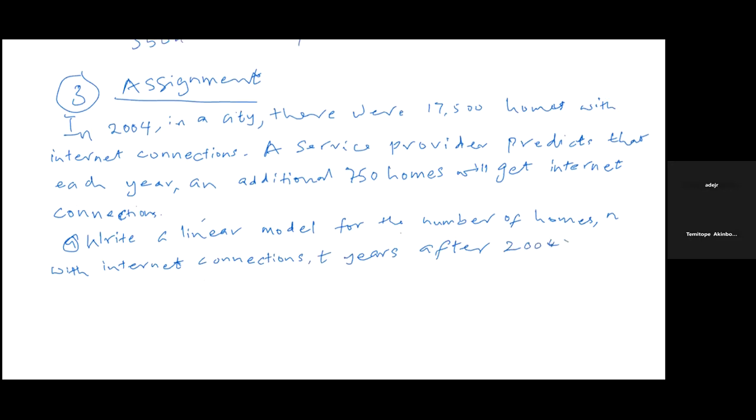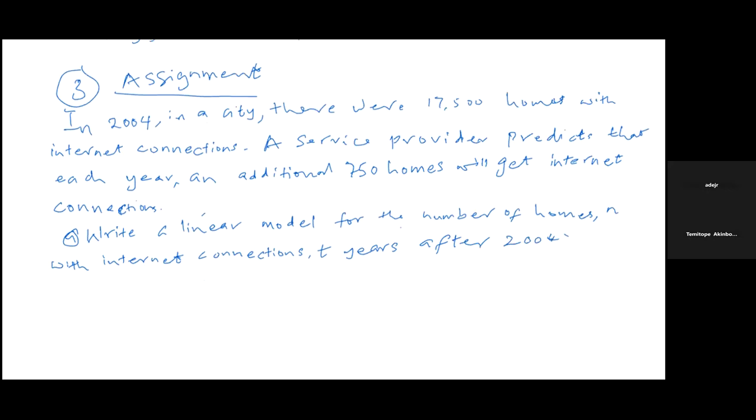Write a linear model for the number of homes n with internet connections T years after 2004.